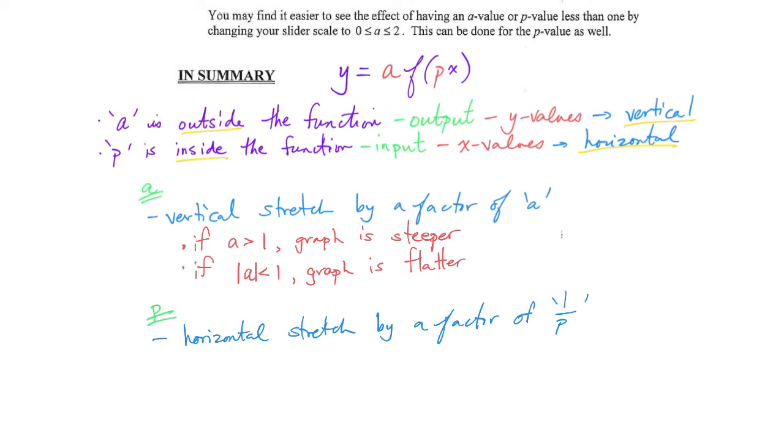Now, when we had a p-value of 2, everything on my graph became horizontally half of what it used to be. When we made a p-value of 5, it became 1/5. Remember all the times that our trig curve, our sine curve kept repeating?